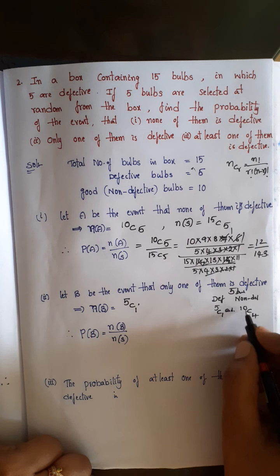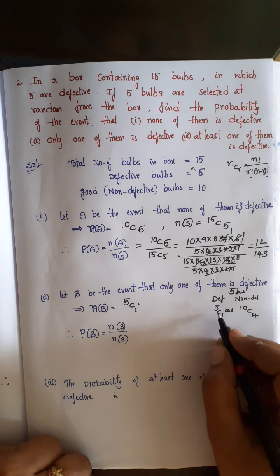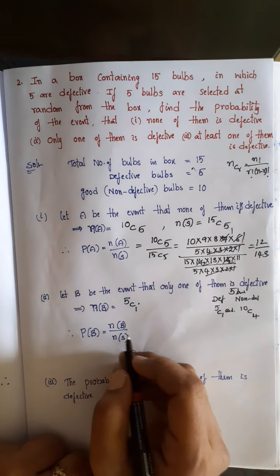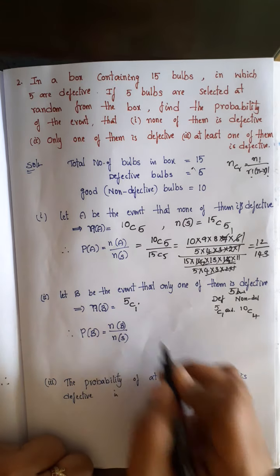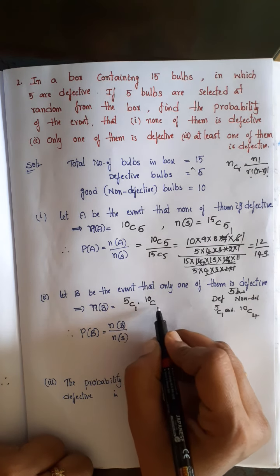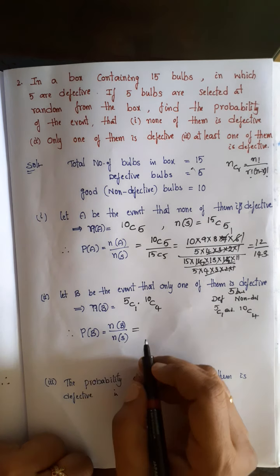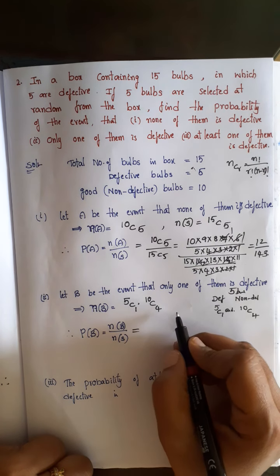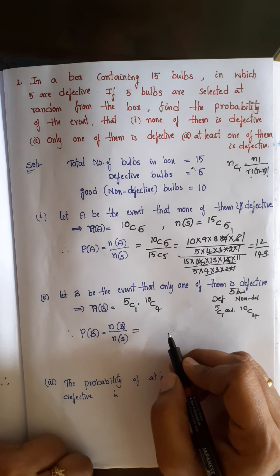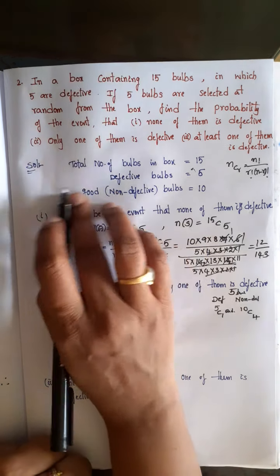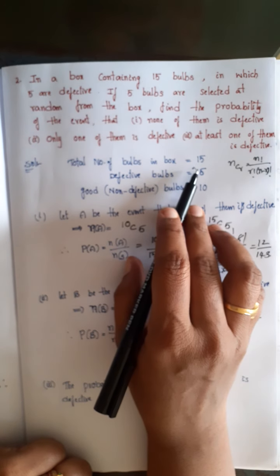From this 10 we have to consider 4, and from this 5 we have to take only 1. Therefore the total possible outcomes are 5C1 into 10C4. And what are the total number of outcomes here? 15C5, right?